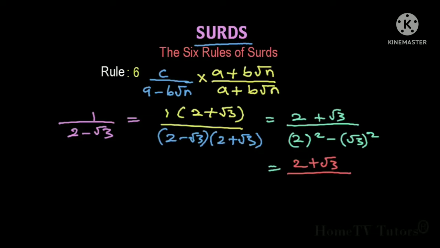Then at the denominator 2 square is 4, then square root 3 square is 3. All right, so we have 2 plus square root 3, then 4 minus 3 is 1. Okay, so finally the answer is 2 plus square root 3.